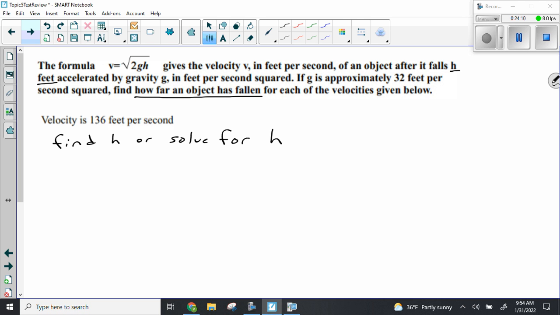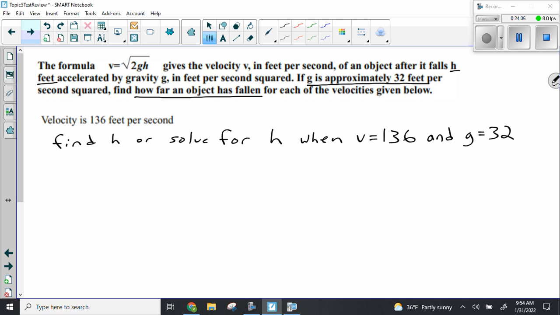And we're being asked to do that when v is equal to 136. It looks like in our problem we're given a value for g, and that is 32.